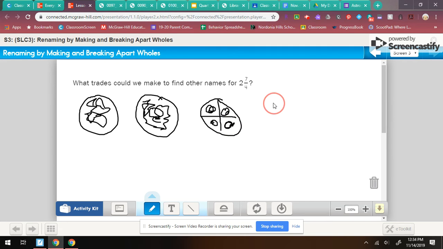So there's 4/4, but we need 7, so I got to break up another one. And 7/4. Well, there's a couple different ways to come up with different names for this one.